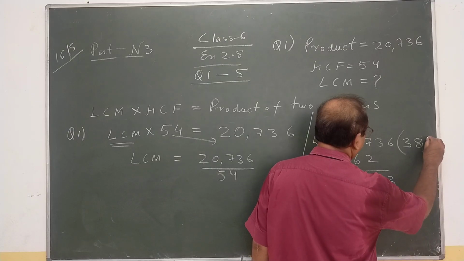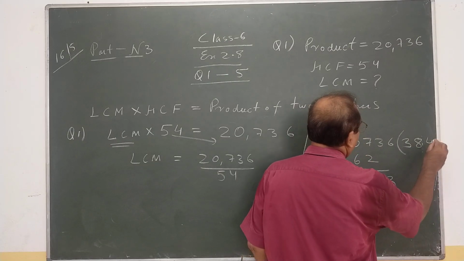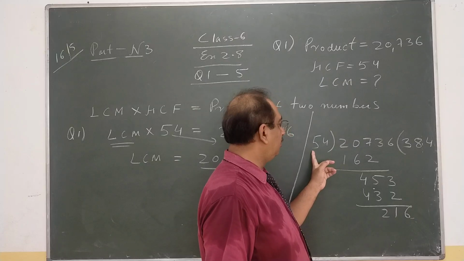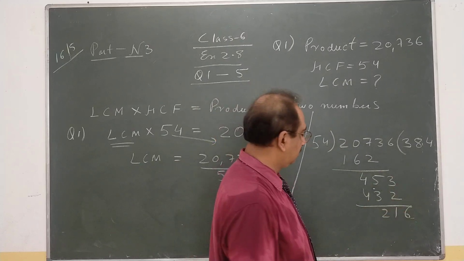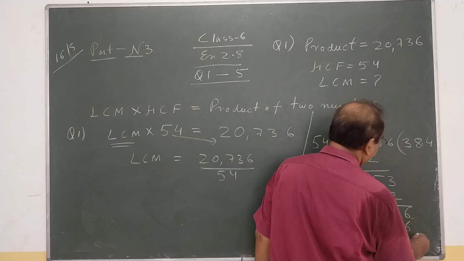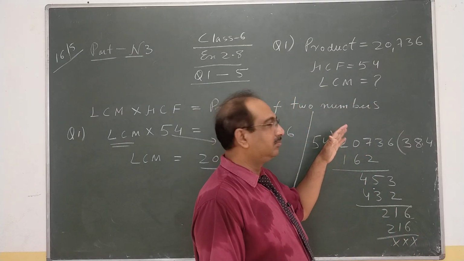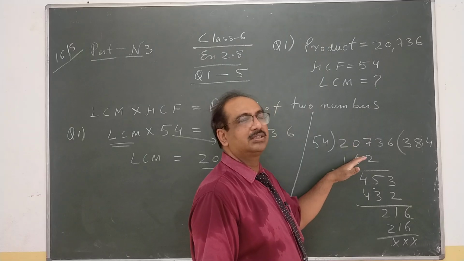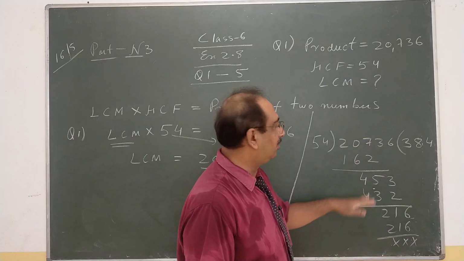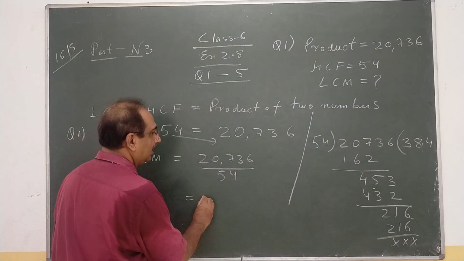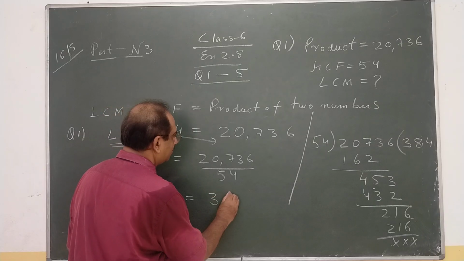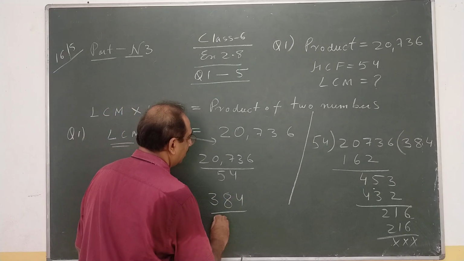Now it will go 4 times. 50 fours are 200. 4 fours are 16. So what I am using is a little mental maths. If you are following me, you will understand, or do it by whatever you have learned. So the LCM of these two numbers will be 384.